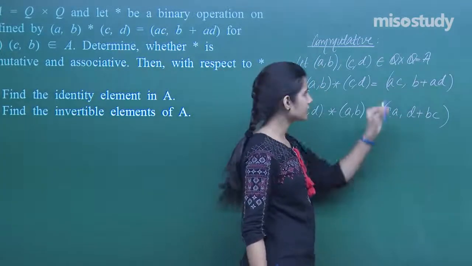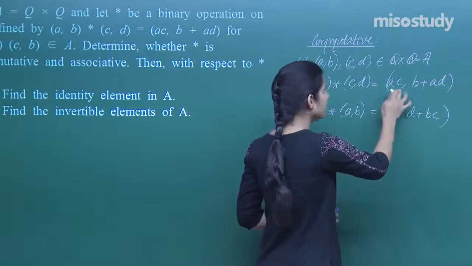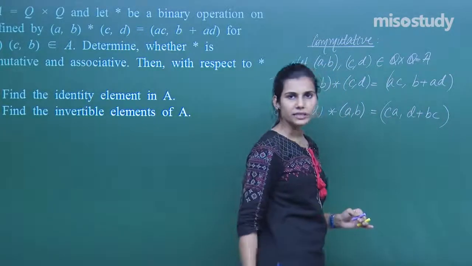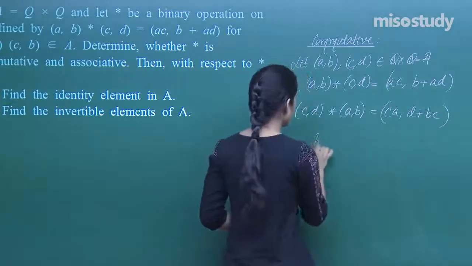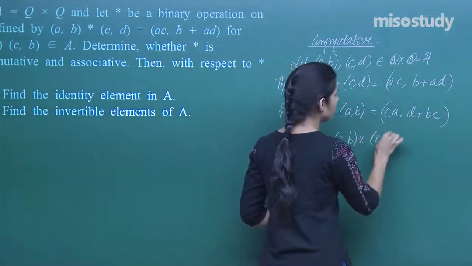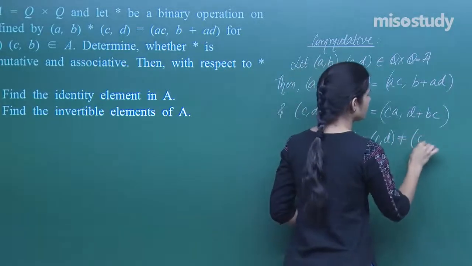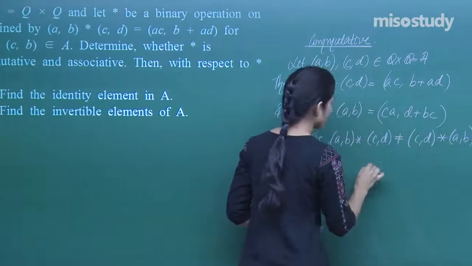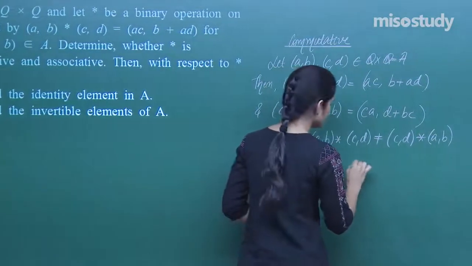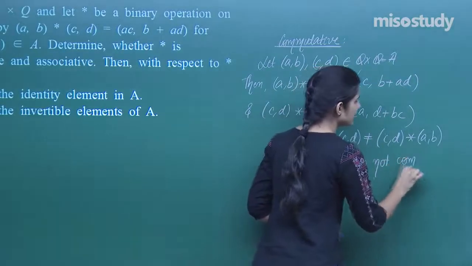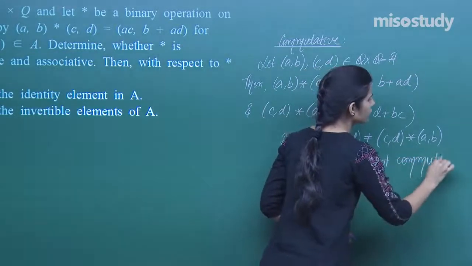Product inside rationals is commutative, a into c is same as c into a, but b plus ad is not equal to d plus bc for every rational number. So (a, b) star (c, d) is not equal to (c, d) star (a, b), therefore star is not commutative. So the first thing is established: commutativity does not hold.